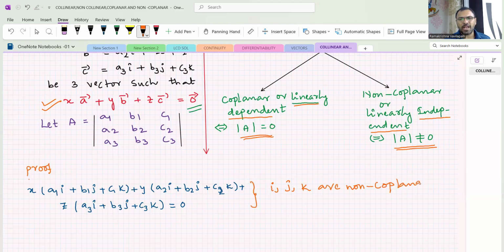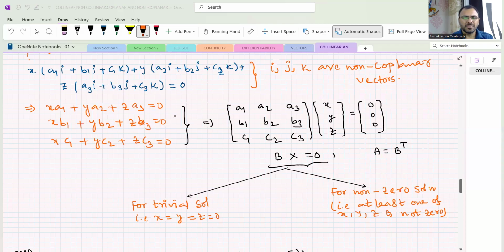So therefore, we have to equate the scalar components to 0. We have to equate that the scalar components are all zeros. On equating the scalar components of i, j, k, we get these three equations. This is a homogeneous system of equations. We can write this in matrix form.